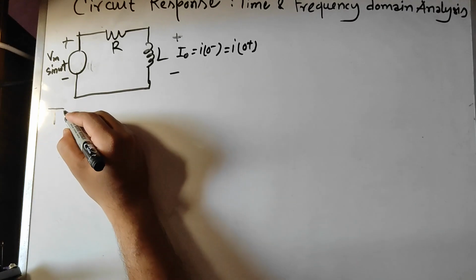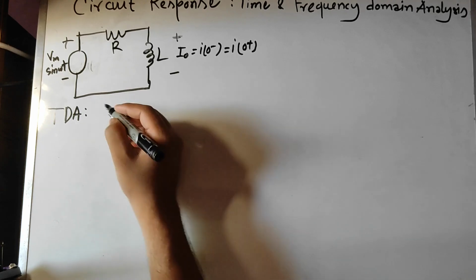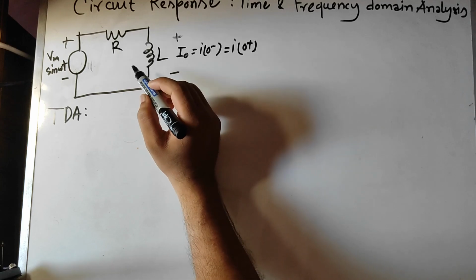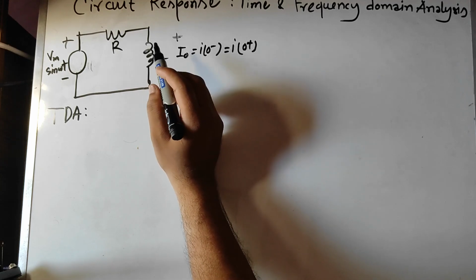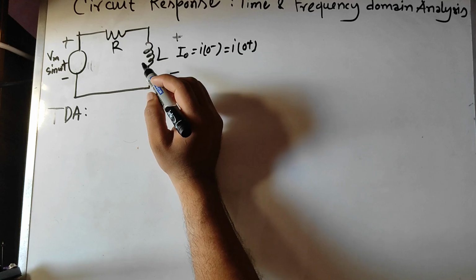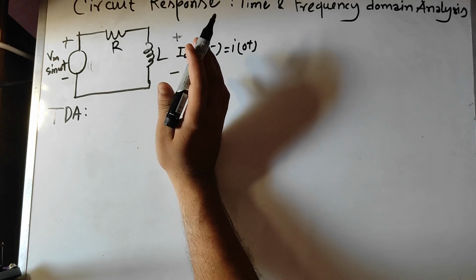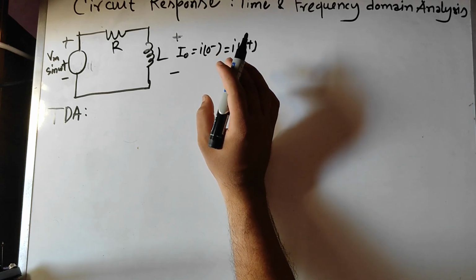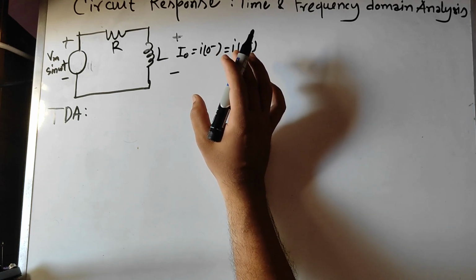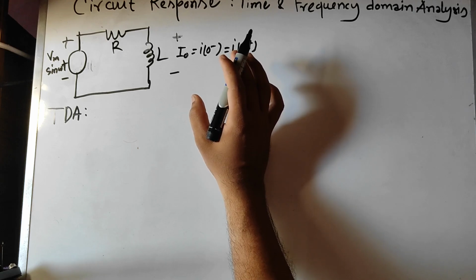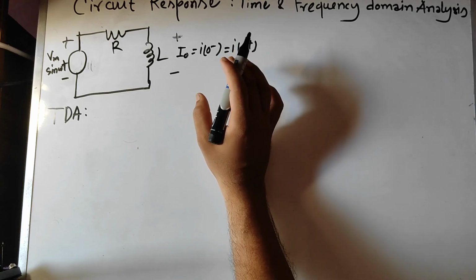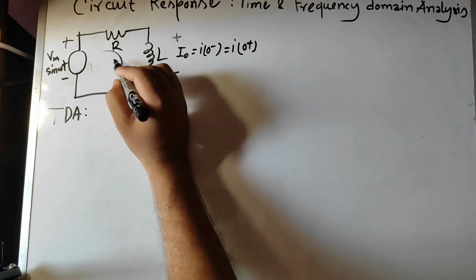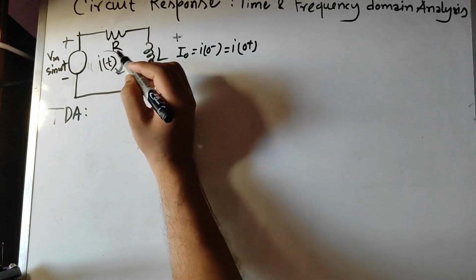Time domain analysis. From signals and systems point of view, we know that the RL circuit is an LTI system that abides by the superposition principle, due to which we can apply KVL and KCL. For convenience we will use KVL for the loop current.